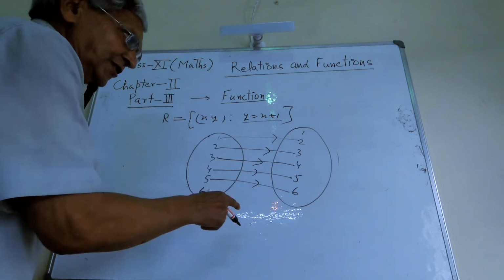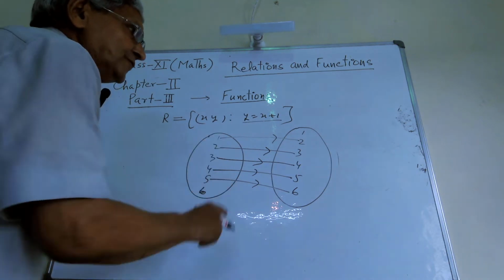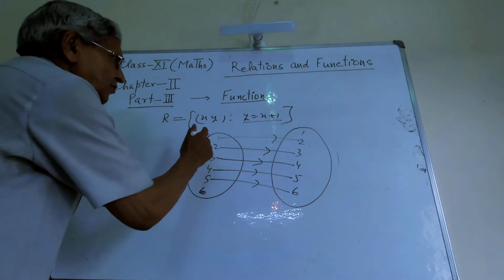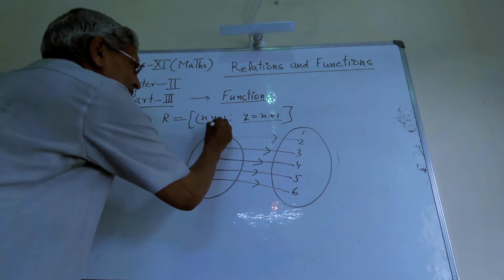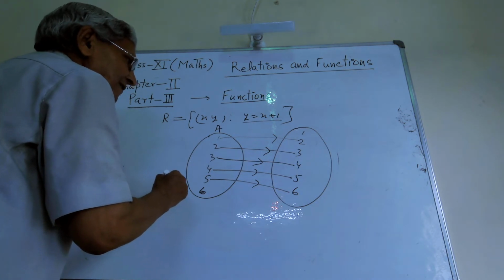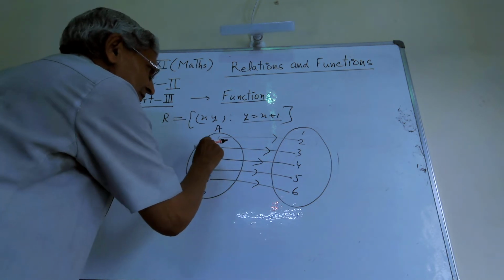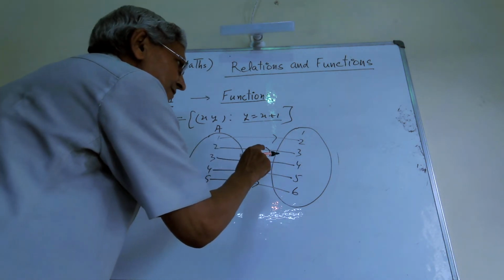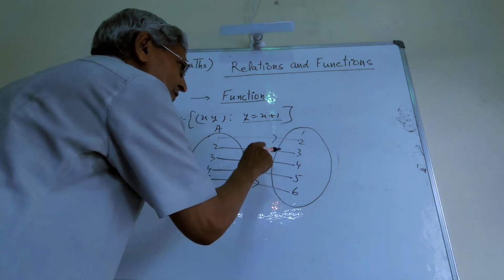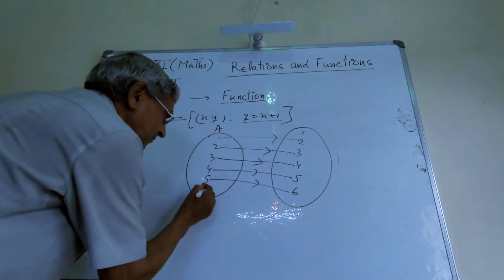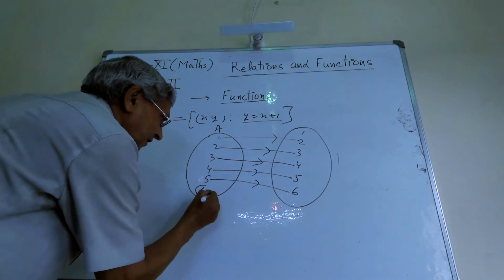This was a relation, but this relation is not a function. Why? Tell me why. Because not every element of A has one and only one image in B, because 6 is there.